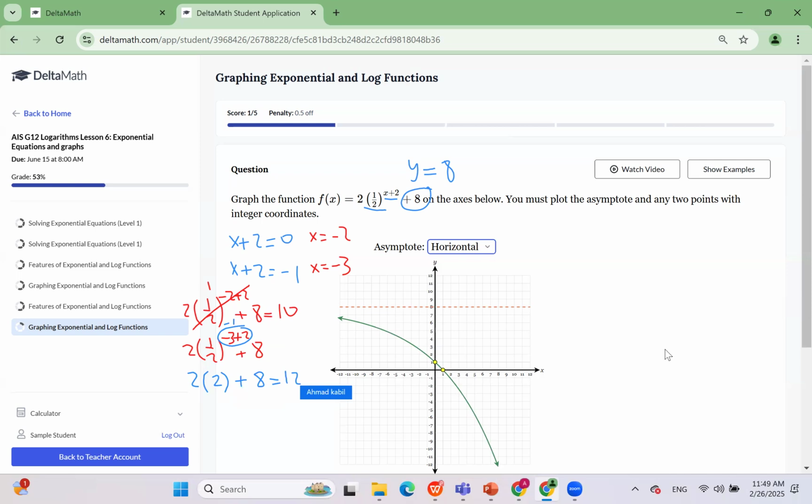So we have 2 points: y equals 10, and here y equals 12. Let's drag and plot. So negative 2 and 10, which is over here. And then negative 3 and 12, which is over there. And we're done.